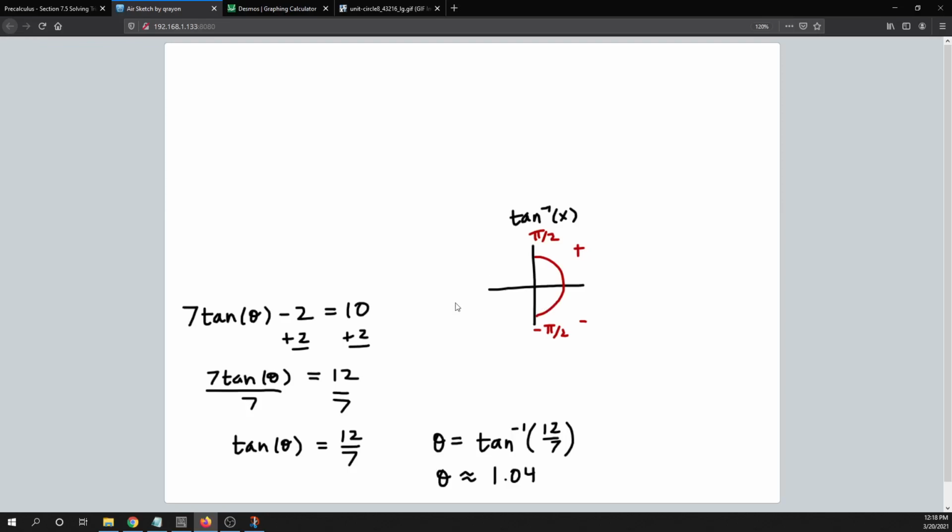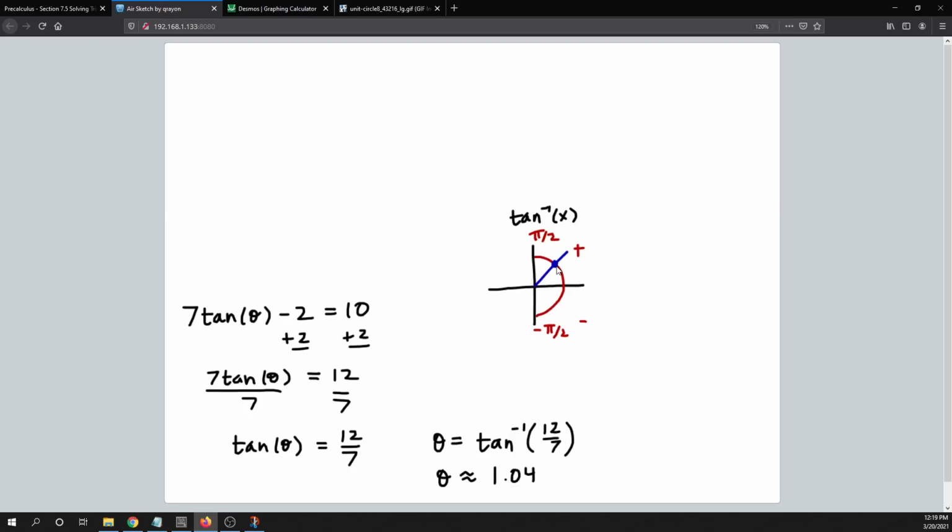In this case, however, it is positive, so that means the angle that we're looking for is somewhere up here. And so there is an answer up here that we want. And then there is another answer.